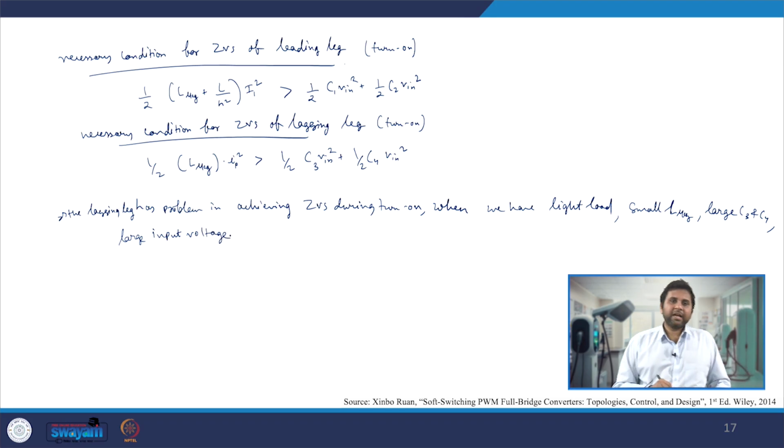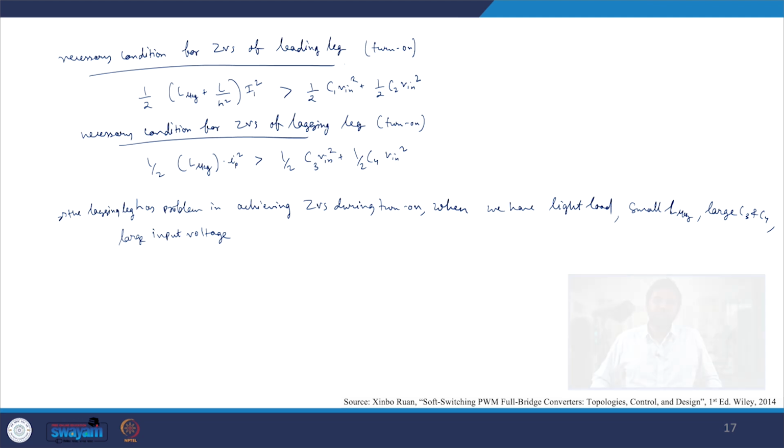During that time the lagging leg has a problem. However, the leading leg does not have a problem, because the output inductor is coming in series with this L leakage, and along with that the output inductor current which is reflecting is taking the energy out from the C2 capacitor and putting the energy into the C1 capacitor.